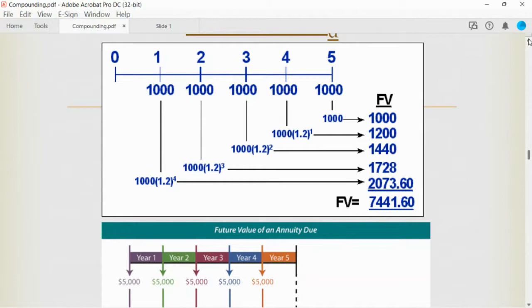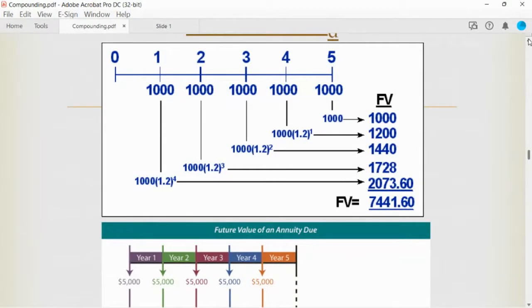The second one will get compounded 3 times. Third one 2 times. Fourth one just once. And the last deposit doesn't earn any interest, because think about it, the last deposit is just nominally a deposit, only in name. Why? Because at the end of year 5, you just deposit it and take it out right away.